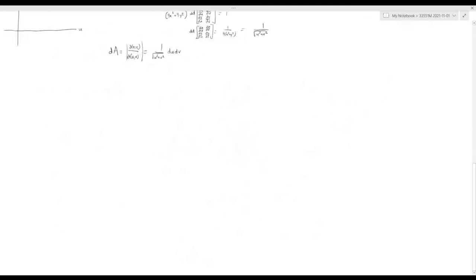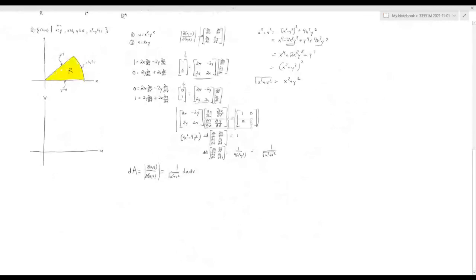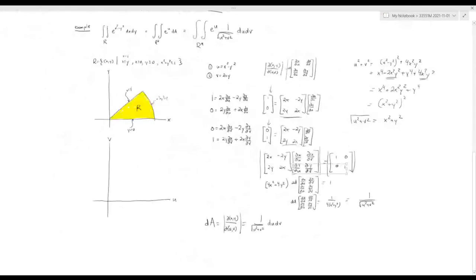Can we get this to move in any way? It doesn't like moving. Okay. All right.